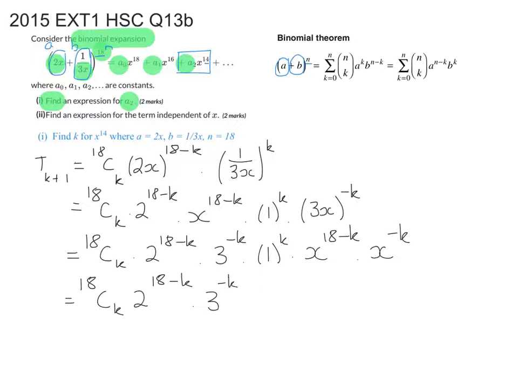Considering that 1 to the power of k is still just 1, I'll omit that as it's not going to change our answer. And our power of x is 18 minus 2k.